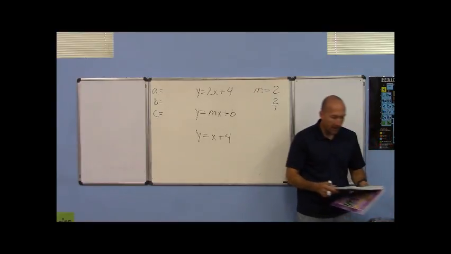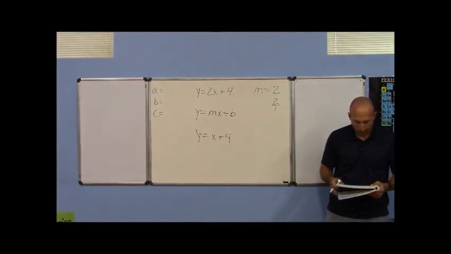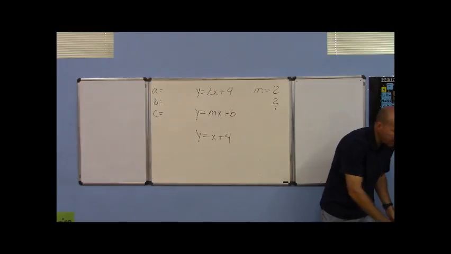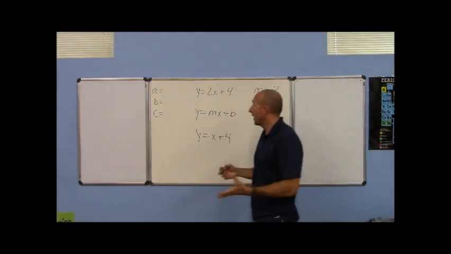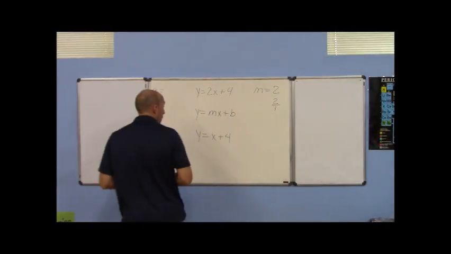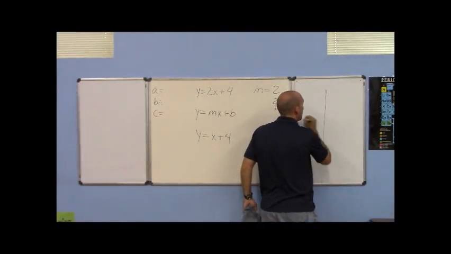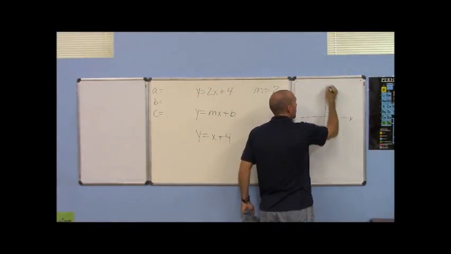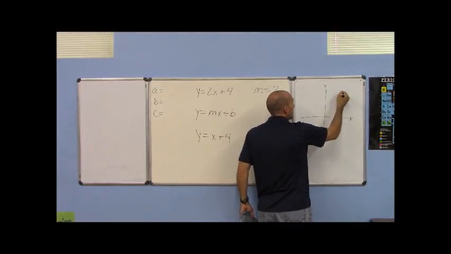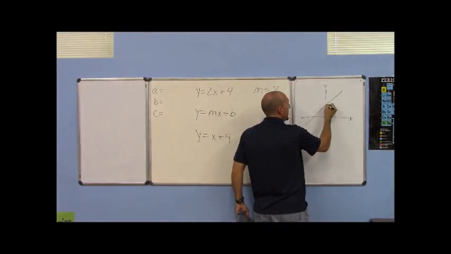Now, whenever we have it in this form, we can find what's called the y-intercept. The y-intercept is, whenever we have a line, we have our x, we have our y, at what point on our line does that line hit the y-axis?